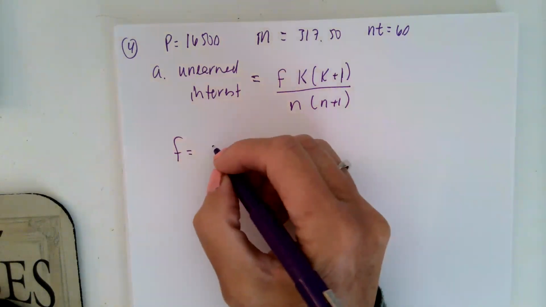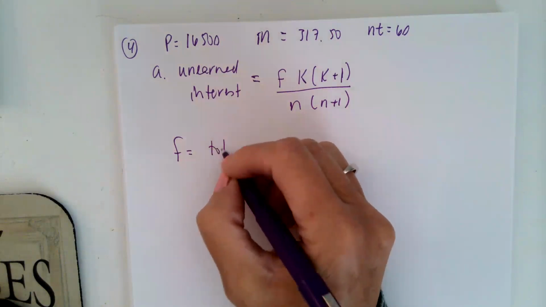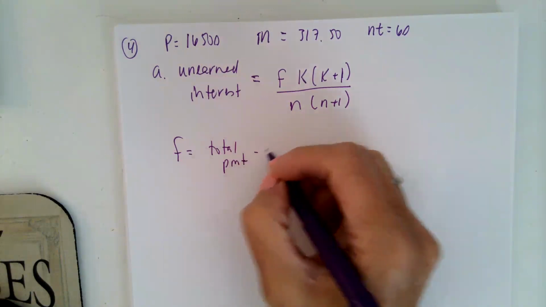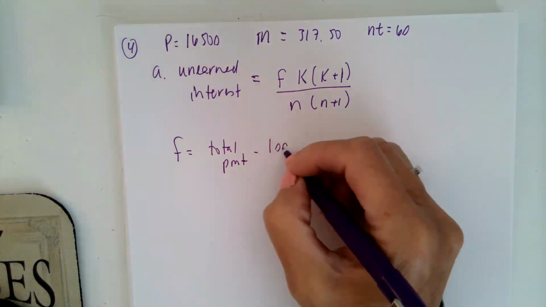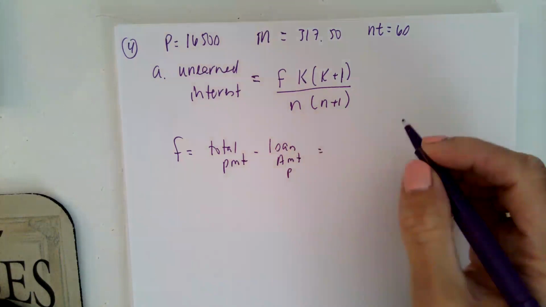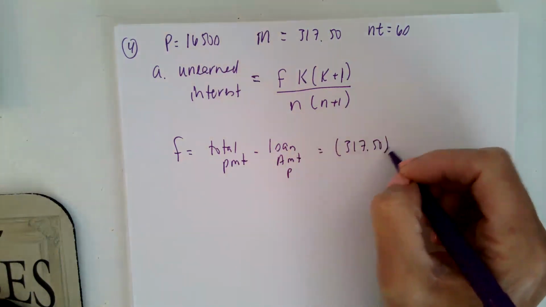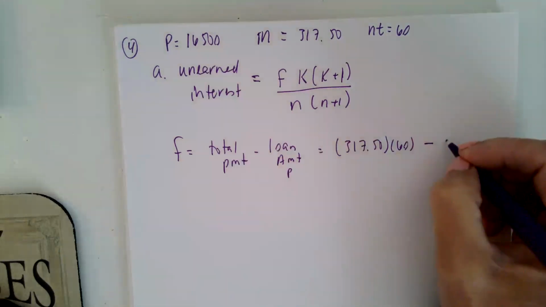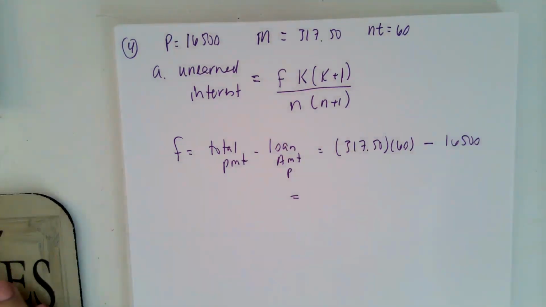So the finance charge is the total payments minus the loan amount, P. So we would have $317.50 times 60 payments, and then we're going to subtract away our loan amount, which is $16,500, to find out our finance charge.